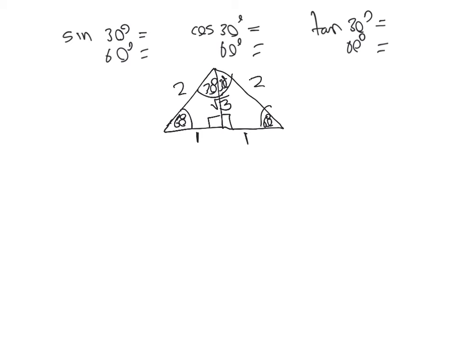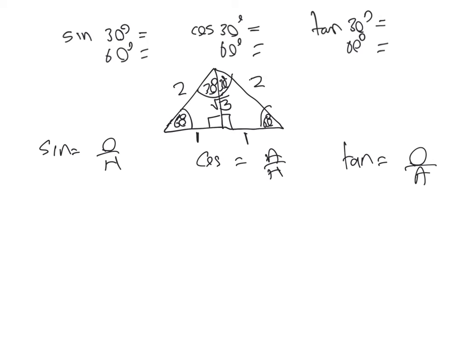So let's go. We've got sine equals opposite over hypotenuse. We've got cosine equals the adjacent over the hypotenuse. And we have tan equals opposite over adjacent. And then we just have to work them out.